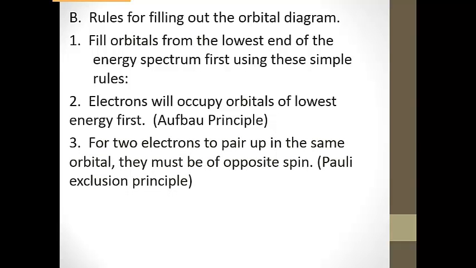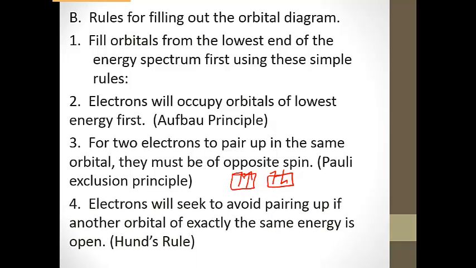And then we always have two electrons together in a box if they need to be. But when we have to pair electrons, we want to make sure that they have opposite spins. So in one of those boxes, you would never want to put two arrows both going up or both going down. You would want to show the Pauli exclusion principle by having one arrow up and one arrow pointing down.